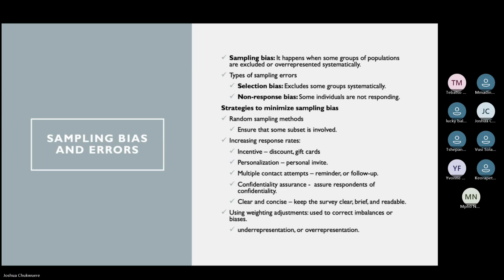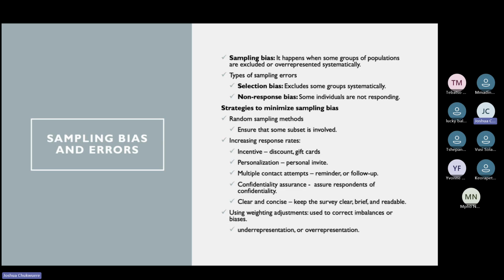Now we have talked about the total sample. We're talking about the sampling size and different kinds of sampling. Now we're talking about the element of bias and error in sampling. It's very, very important for you to understand this.